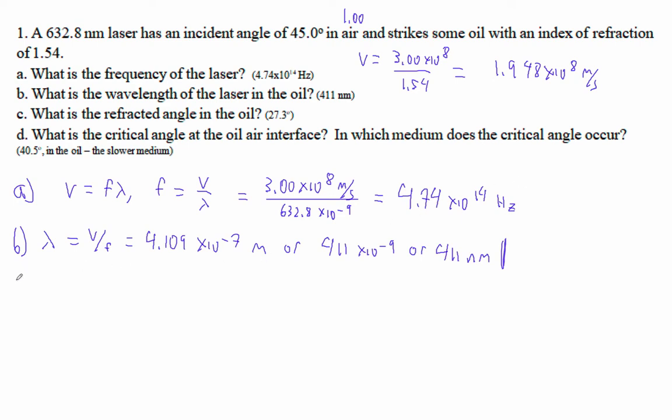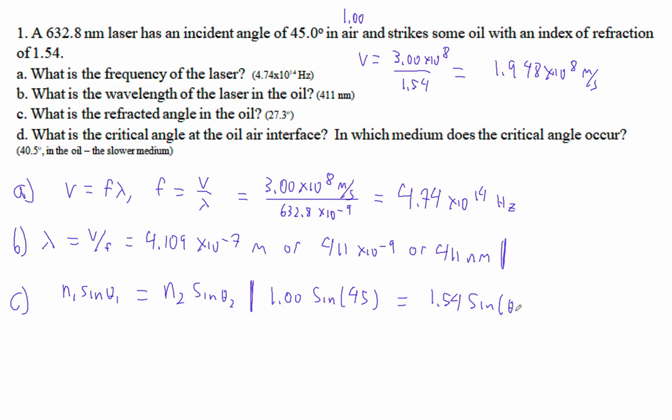And then C says, what is the refracted angle in the oil, right? So we're going to go n1 sine theta 1 equals n2 sine theta 2. So 1.00 sine of 45, right? So this index of refraction goes with that angle, is 1.54 sine of theta. That's going to be theta in the oil, okay?